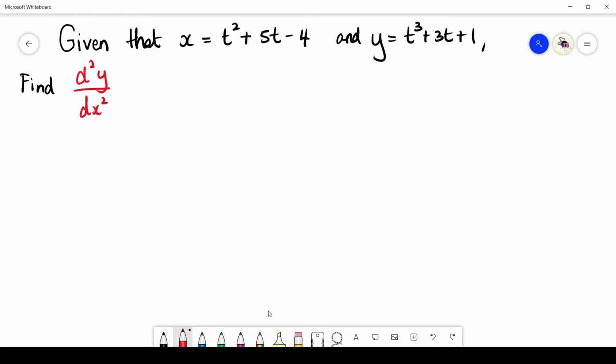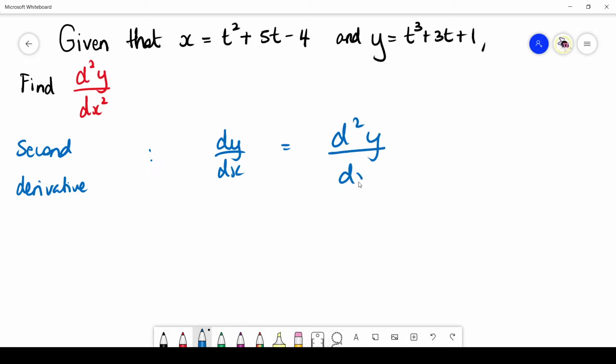Okay, so on screen you can see we have the typical two parametric equations, and in this case they're asking us to find d2y/dx squared. You can recognize by the power given there that they are asking us to find the second derivative. Now generally, when you have found a value for dy/dx and you are asked to find d2y/dx squared, all you usually do is differentiate that a second time with respect to x.